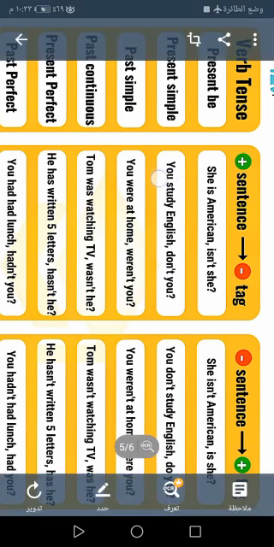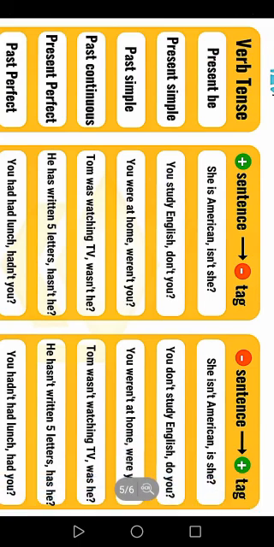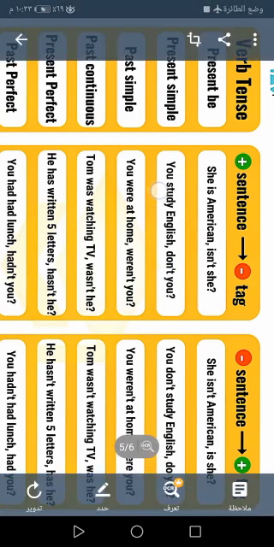Does comes with she, he, it, and you, we, they, and I come with do. Excellent. Here we put don't you. Here the statement is positive. Question tag is negative.